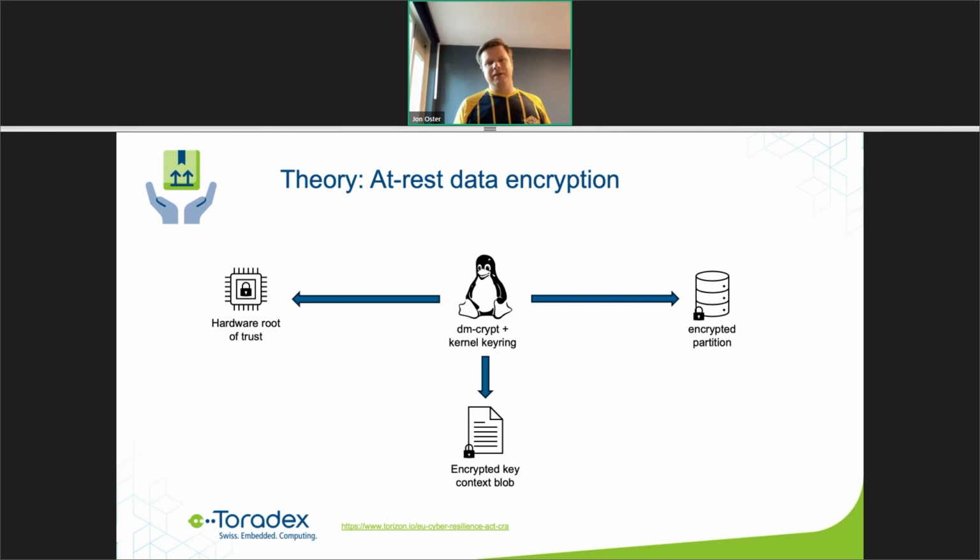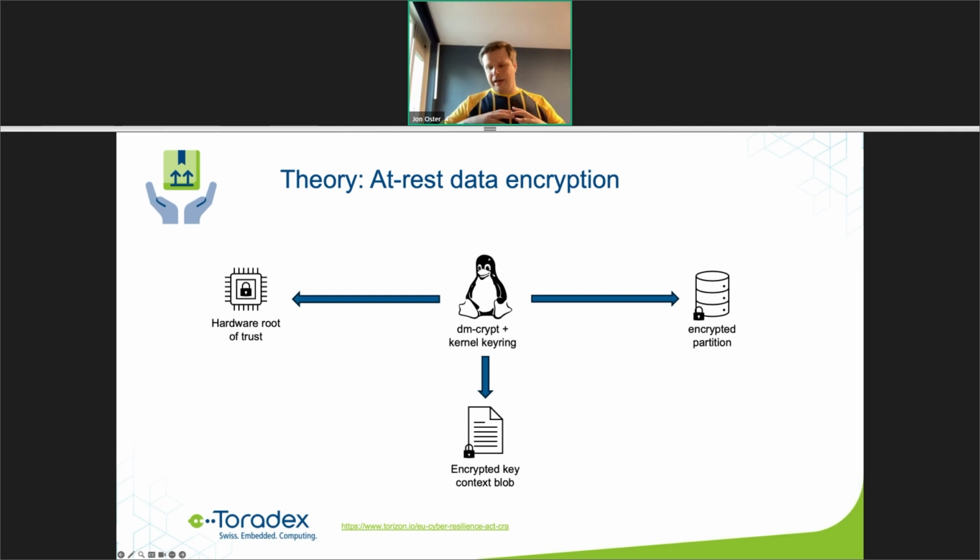For at-rest data encryption, at the core of it all, as I mentioned, is dm-crypt and the kernel keyring. And the keyring has some pluggable trust modules. And what you do actually for this, there is what's called a key context blob that gets stored encrypted somewhere on the device.